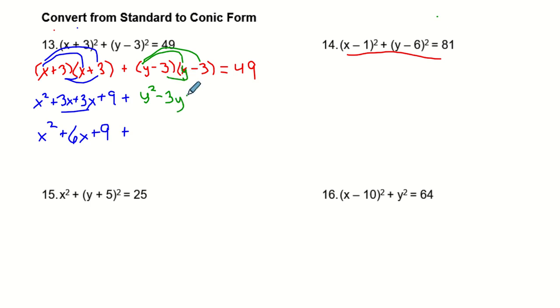Negative 3 times y is negative 3y. Negative 3 times negative 3 is positive 9. Don't make that mistake of putting negative 9 there. And then just combine like terms. So negative 3y and negative 3y give me negative 6y.